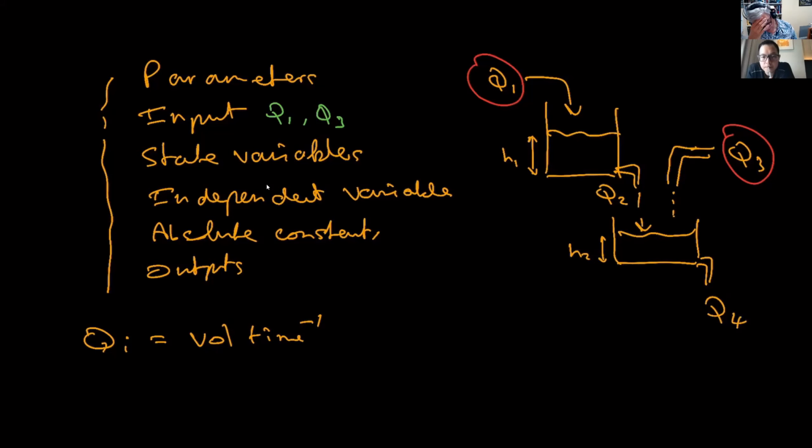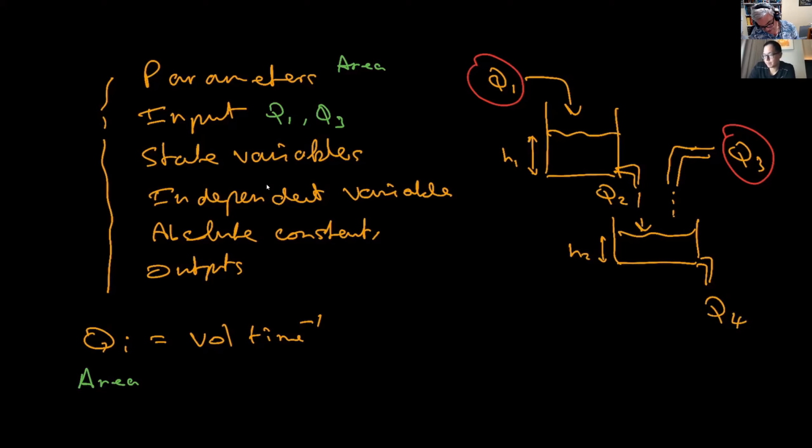For example, the cross-sectional area will be a parameter of the system. These are things that I could in principle change, but I'm not going to in this experiment. If I did decide to change them, they would then become inputs to the system.